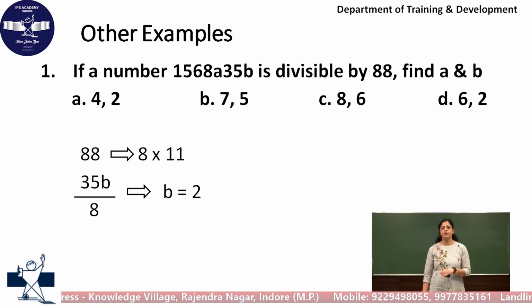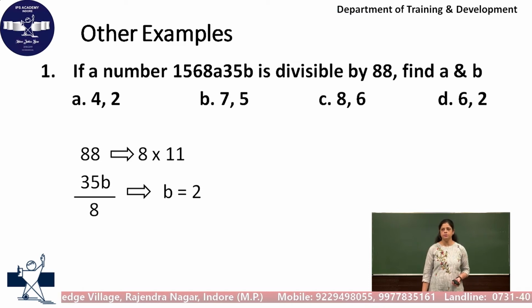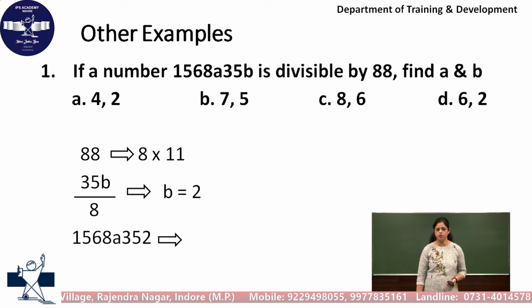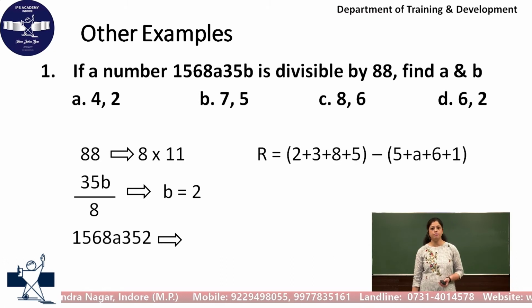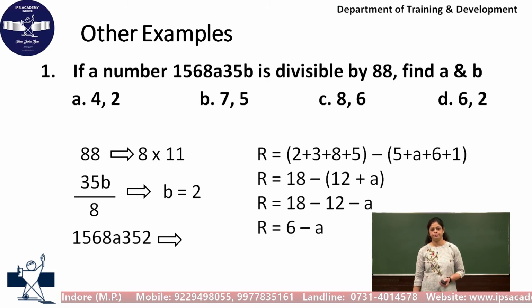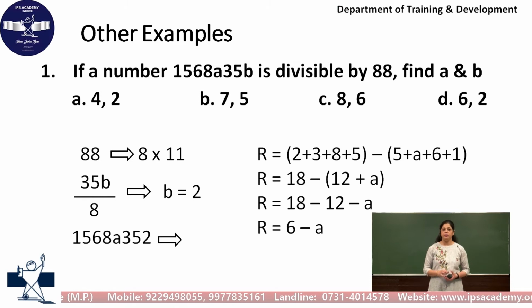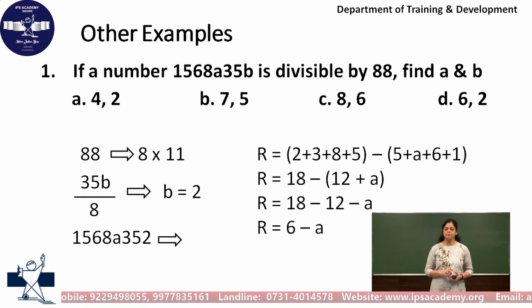Now comes the divisibility rule of 11. What does the divisibility rule of 11 say? Odd minus even. So let's do the digits odd minus even. Odd places पे जो numbers आते minus even places के numbers. So you will end up getting such an equation. Now when the number is divisible by 11, that means the remainder is 0.